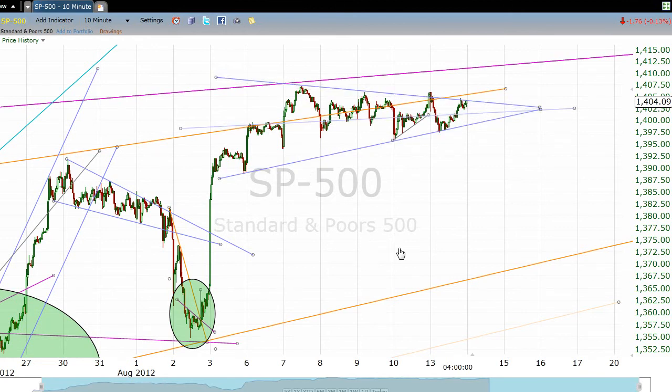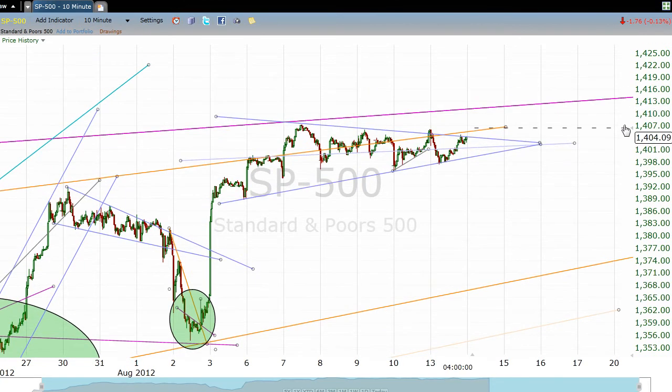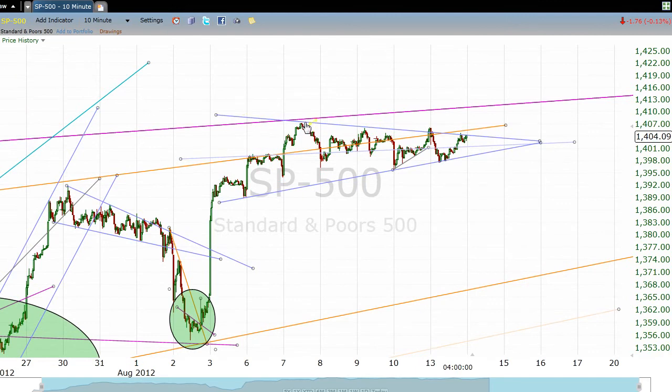So since this is forming here at these areas of expected resistance, it's kind of hard to expect an upside breakout from this. But if it were to happen, we know what to apply here. We look at the first reactive move, which would be right here.